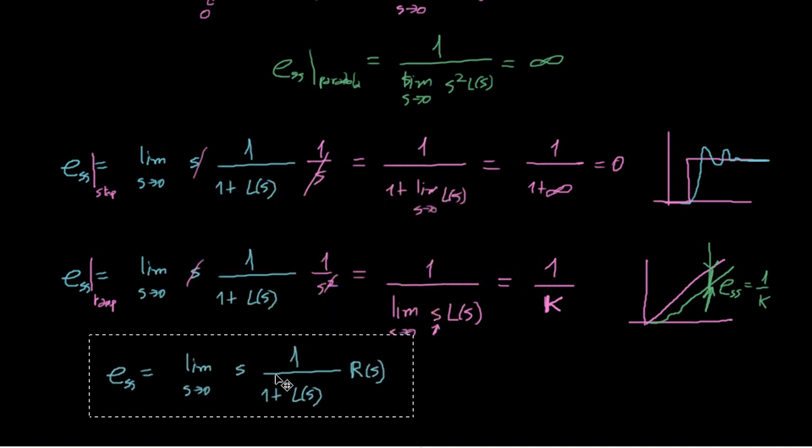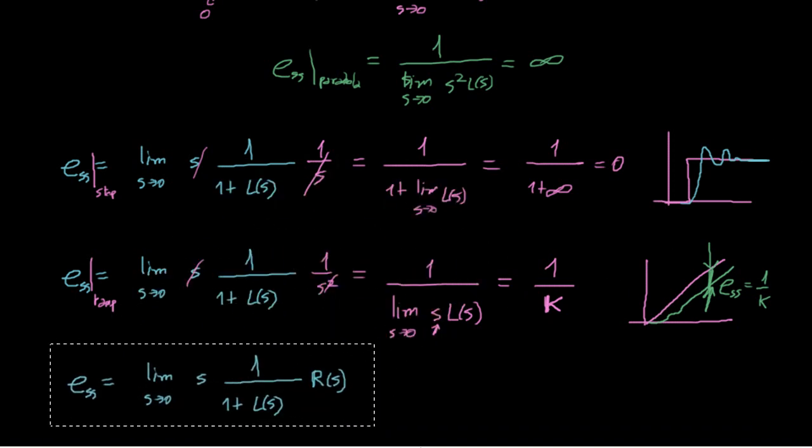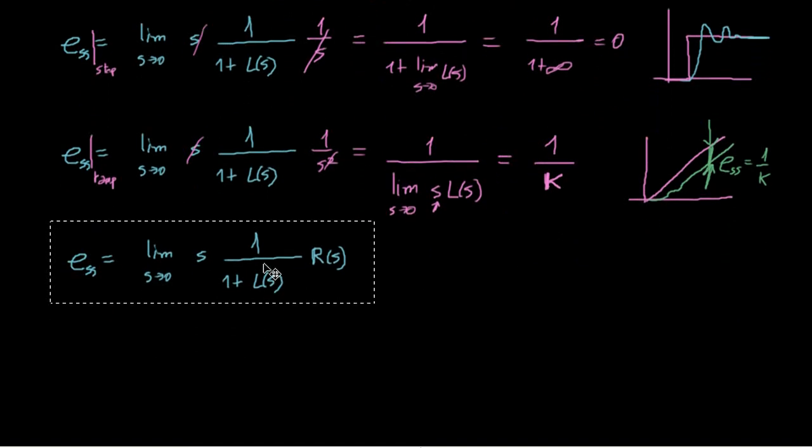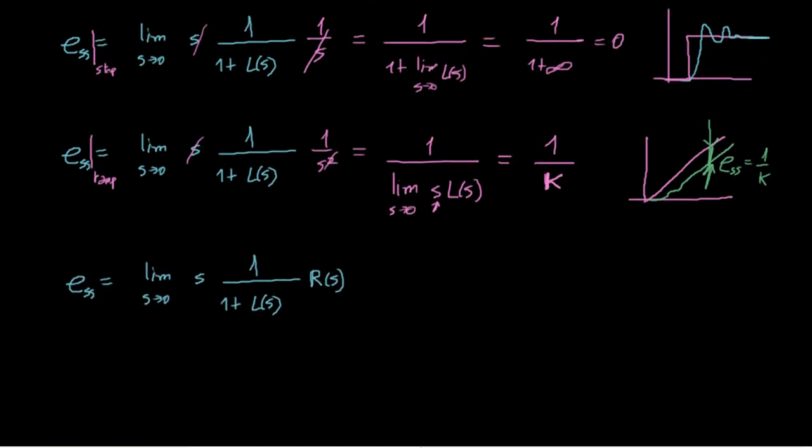Finally, the error under a parabola, you may already have guessed that it has to be infinity, because here we have s cubed, so this cancels with the 3, we have s squared, and this is 1 over the limit when s tends to 0 of s squared times L of s.